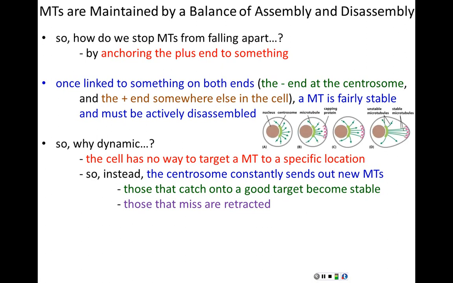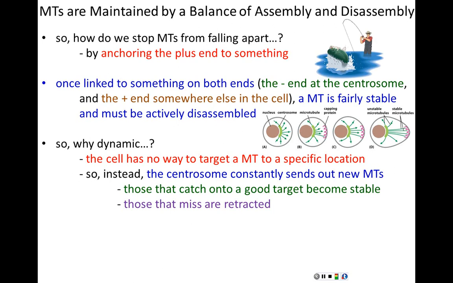And so this figure shows us that we have our centrosome sending out microtubules in all directions. Some of those microtubules don't hit anything of any consequence, and they retract back to the centrosome. Others, however, do land on an appropriate docking or anchoring point, and those microtubules do not retract. The plus end stably anchors there, and we eventually, in this kind of random, blindfolded way of sending out these lines, anchor the microtubules to all the structures that we need anchoring to.